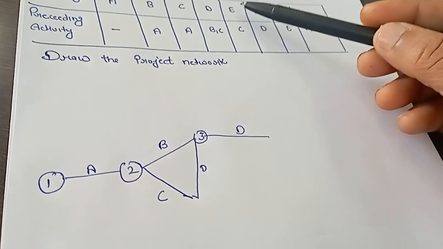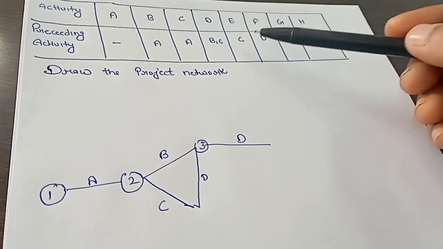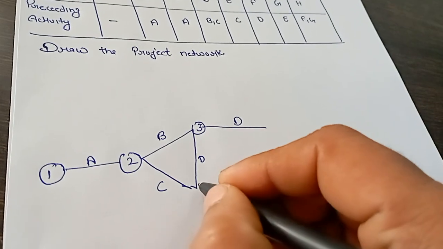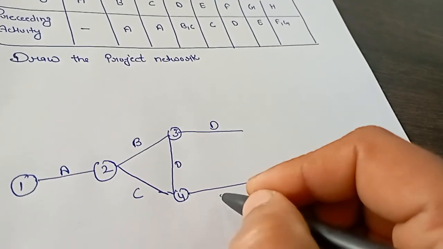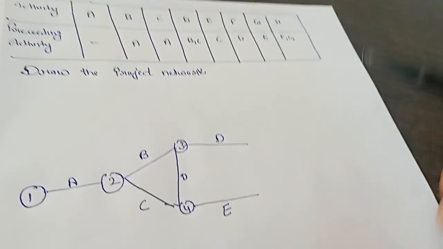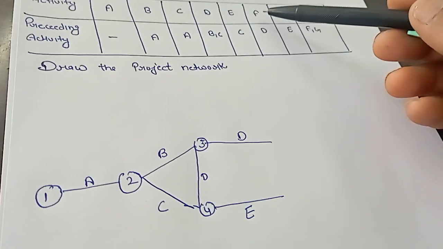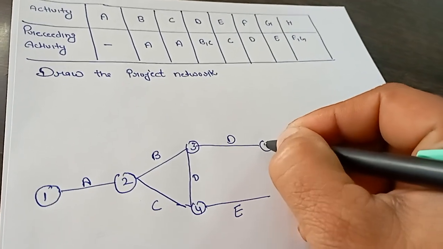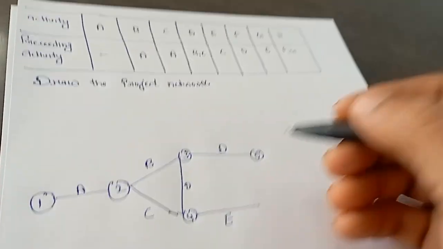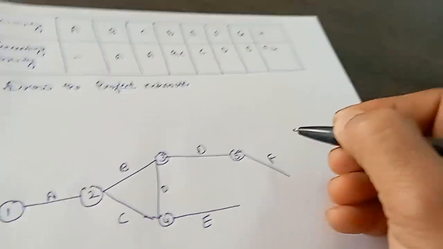Next, activity E and the preceding activity of E, that is C, point number 4. This is the point for activity E. Next activity, that is F, and its preceding activity, that is D, point number 5.